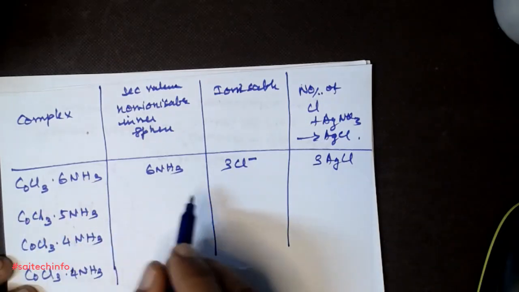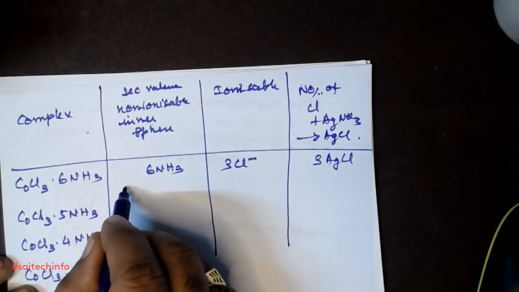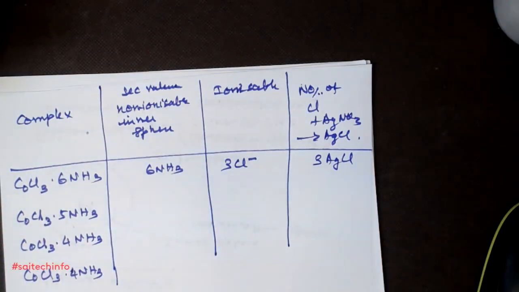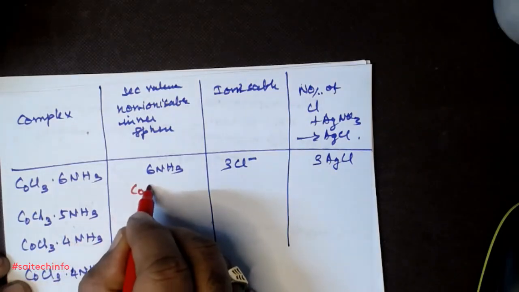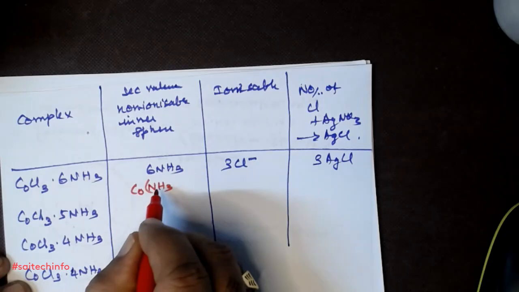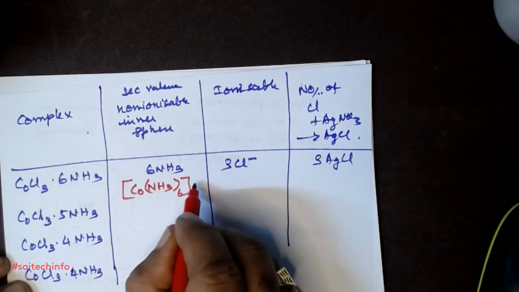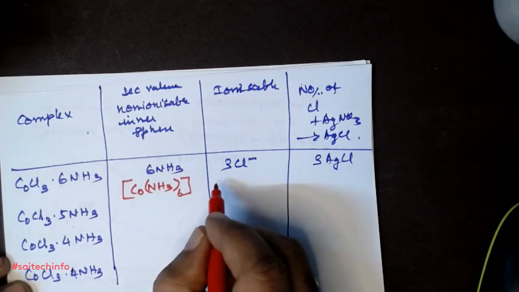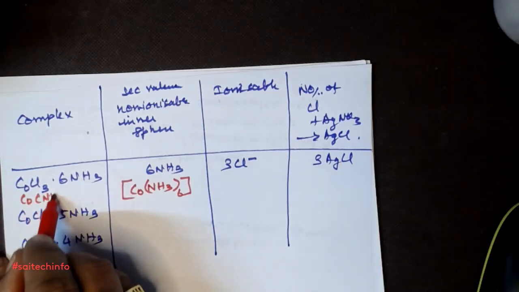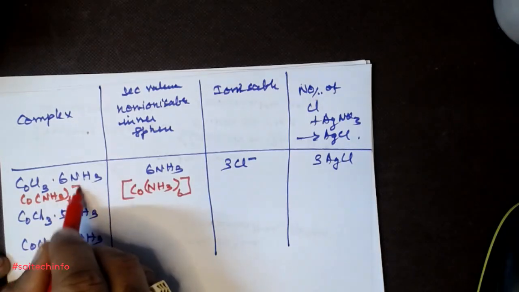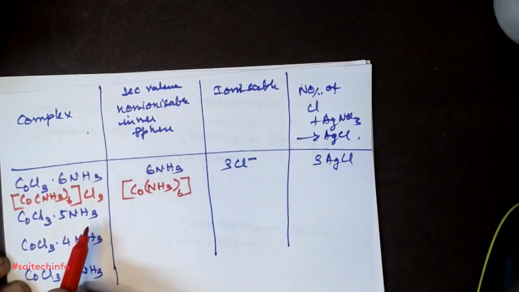Now this can be represented as Co, then NH3 6 times, and outside the sphere it has Cl3.